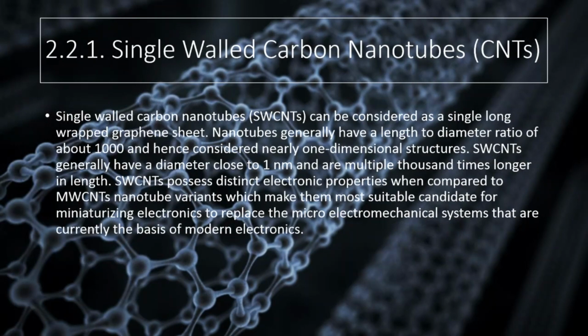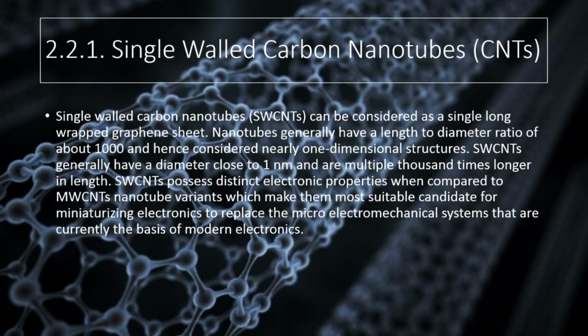Single-wall carbon nanotubes. Single-wall carbon nanotubes can be considered as a single long wrapped graphene sheet. Nanotubes generally have a length-to-diameter ratio of about 1000 and hence are considered nearly one-dimensional structures. Single-wall carbon nanotubes generally have a diameter close to 1 nanometer and are multiple thousand times longer in length.